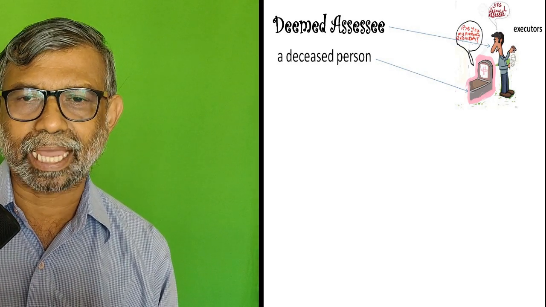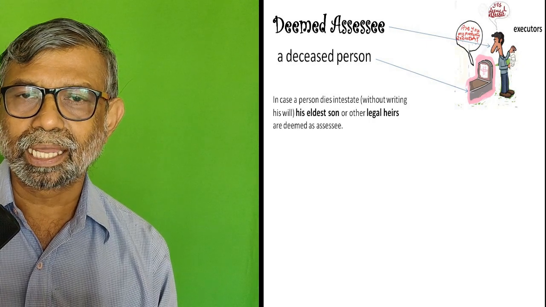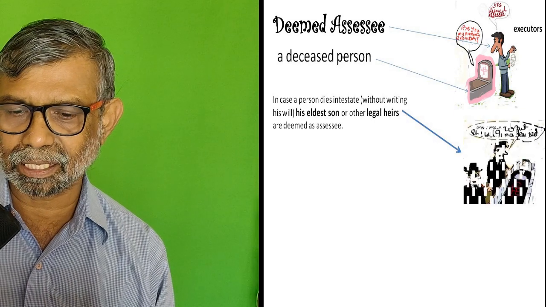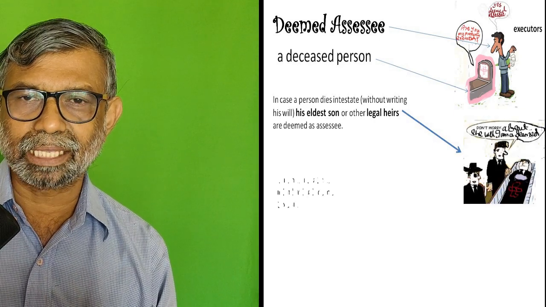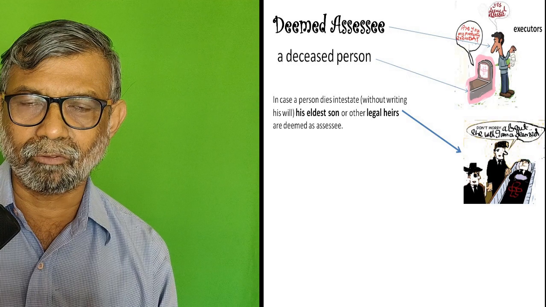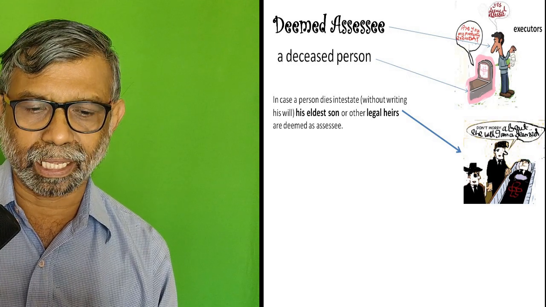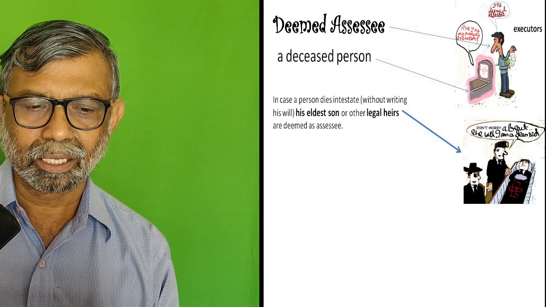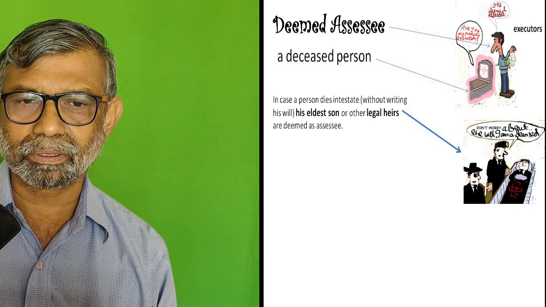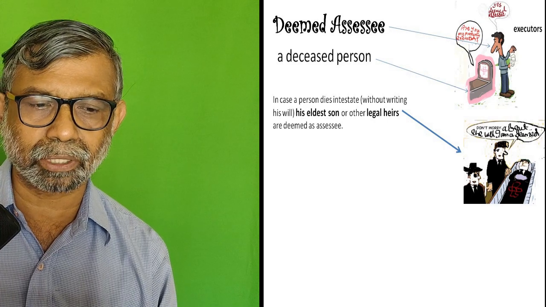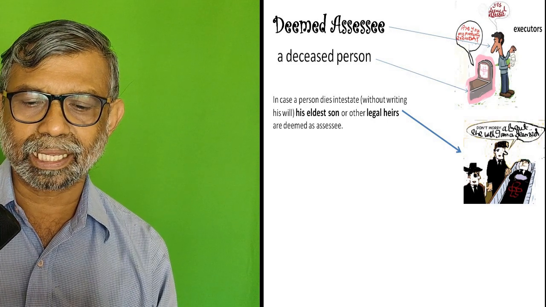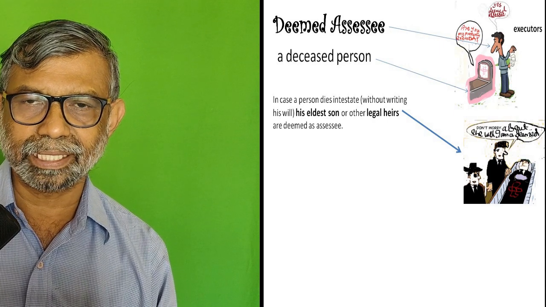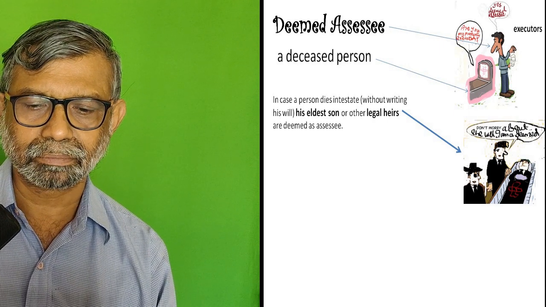Okay. Now another deemed assessee. A person died without keeping a will. In that case, if he dies without keeping a will, then his property, who will look after it? His eldest son or his legal heir will take care of the property till it is properly distributed. During that period he will be called the deemed assessee of the deceased person's income.